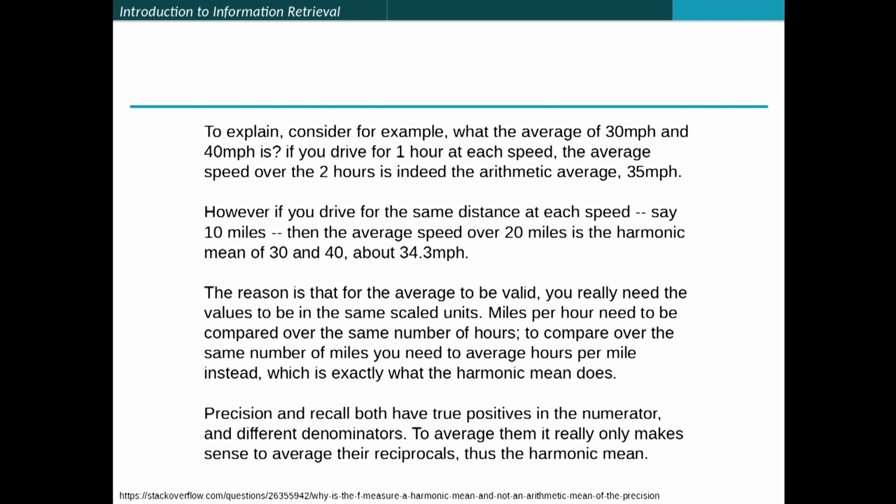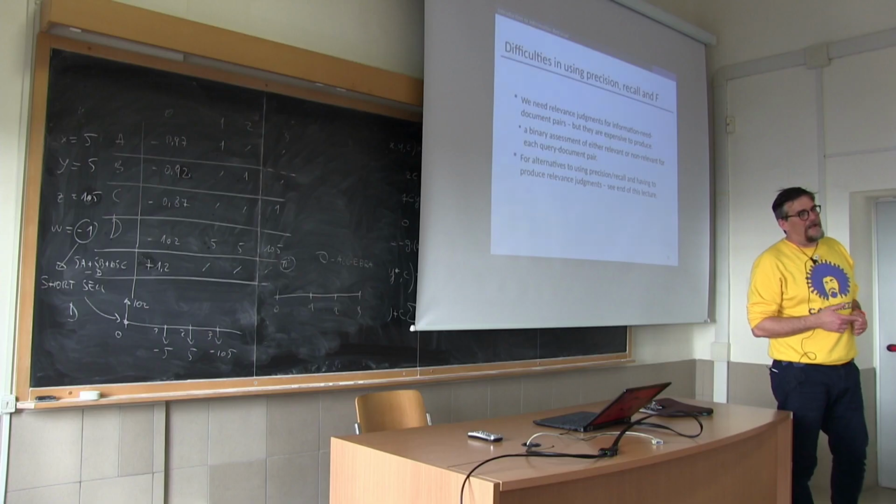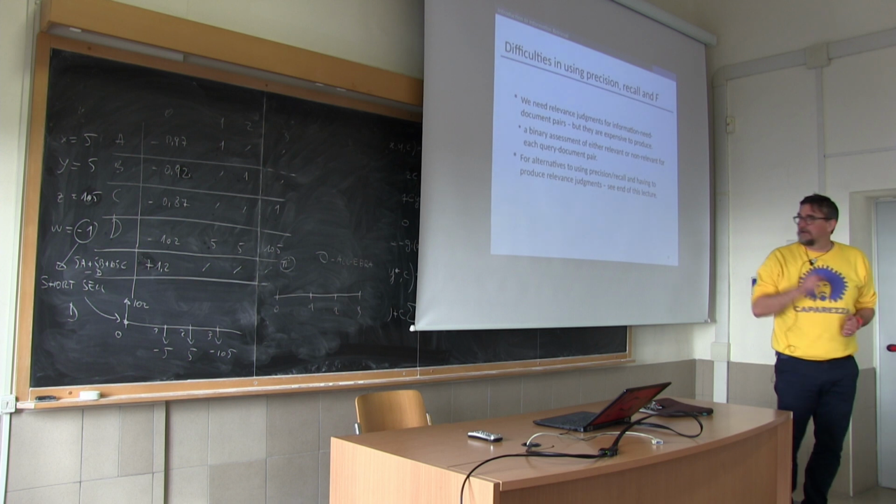Okay, good. The fact is that we remember the three ingredients. Now we have a metric, precision, recall, or F, in order to evaluate our system.